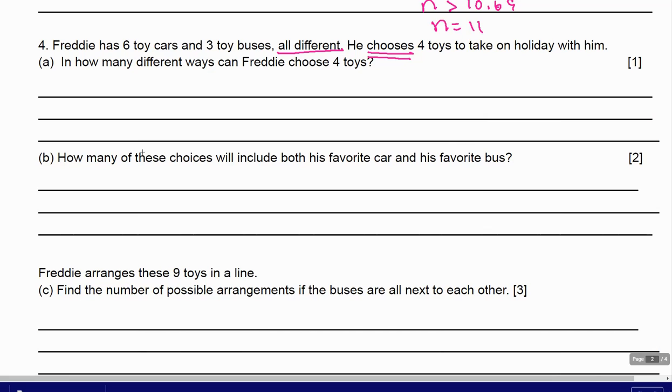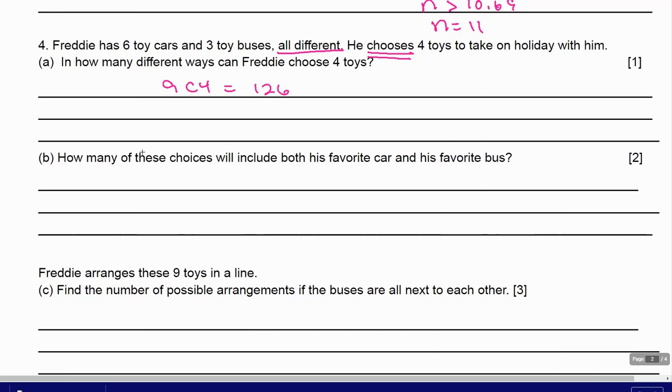How many different ways can he choose the toys? How many toys does he have? And how many is he choosing? 9 choose 4. The fact that there's toys and cars doesn't make a difference because in this problem, they don't care. They're just talking about the number of toys.